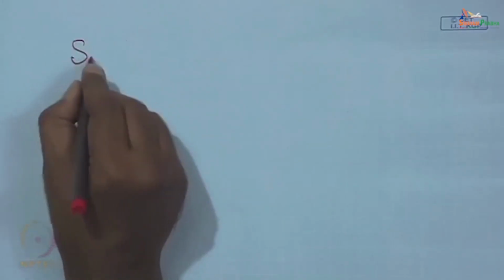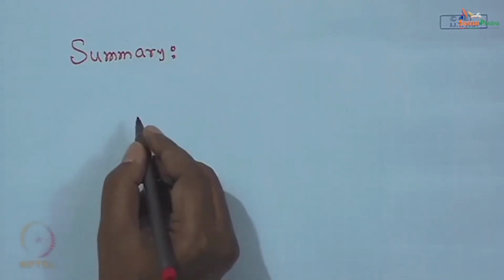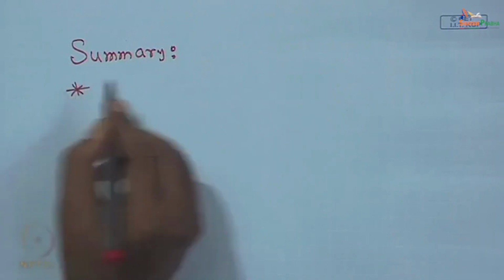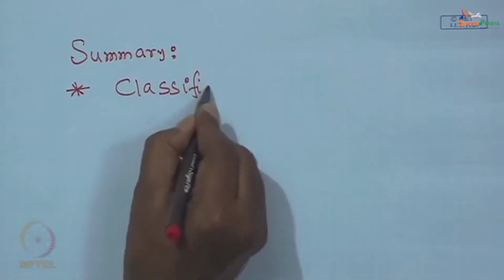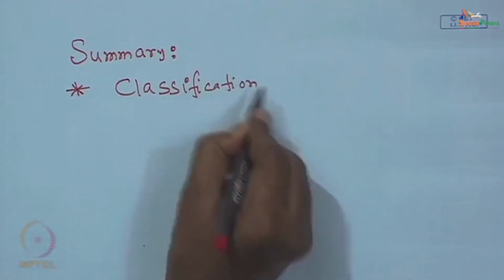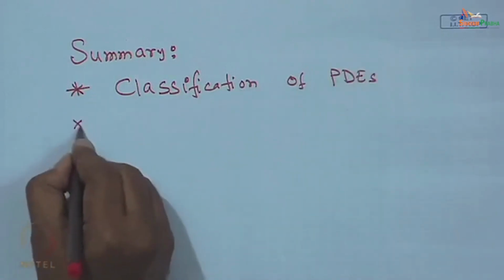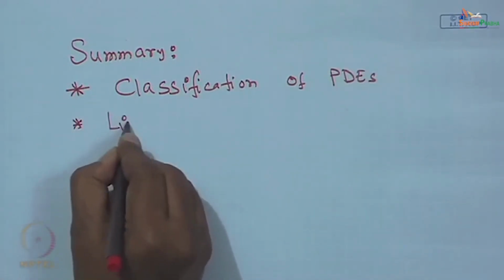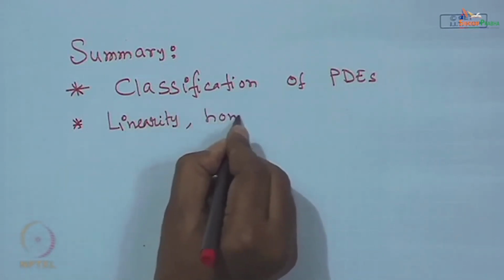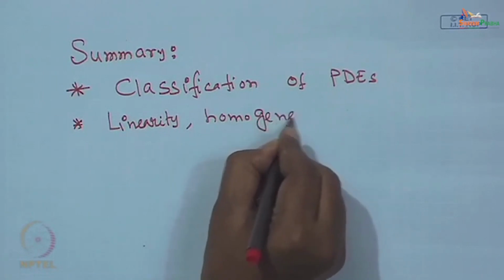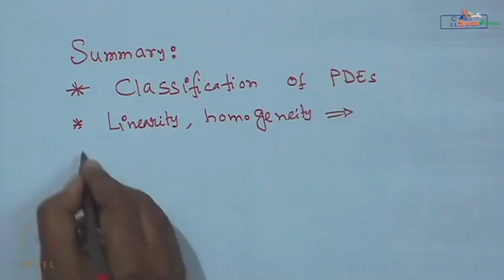Now, let us take stock of whatever we have done. Let us summarize. First, we defined the various classifications of differential equations and PDEs, their linearity and homogeneity.